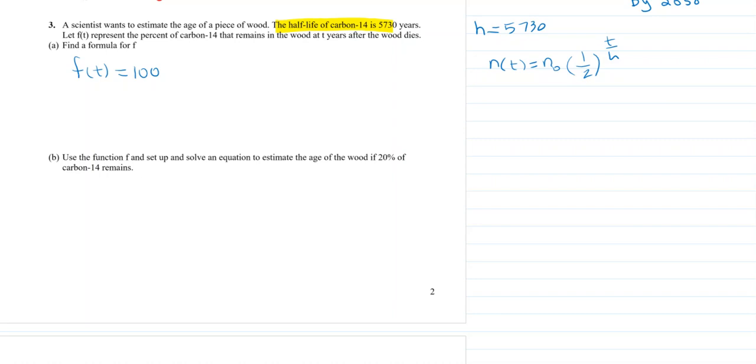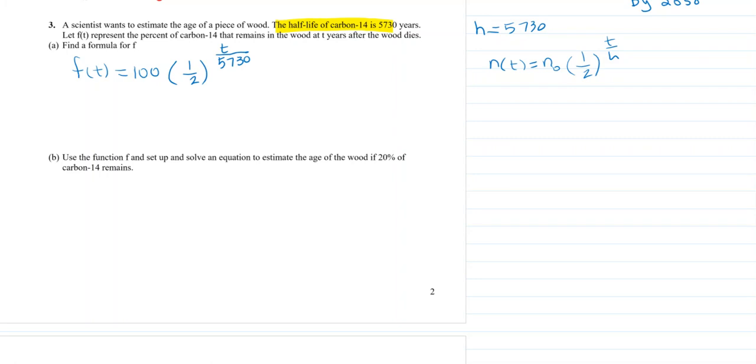In this case, it's 100%, times 1/2 to the power t over the half-life, which is 5,730 years. So this function gives us the amount of carbon-14 that remains in the wood at t years after the wood dies.